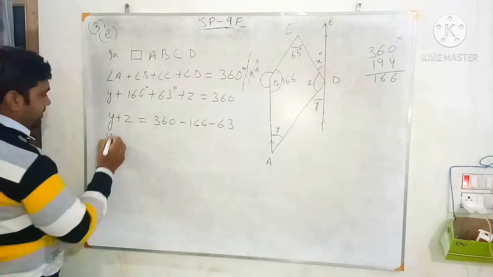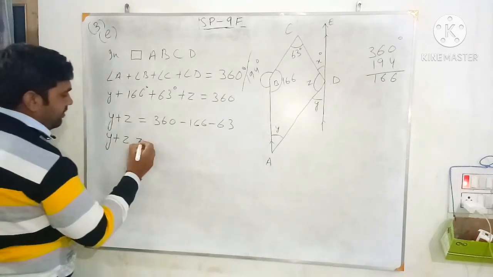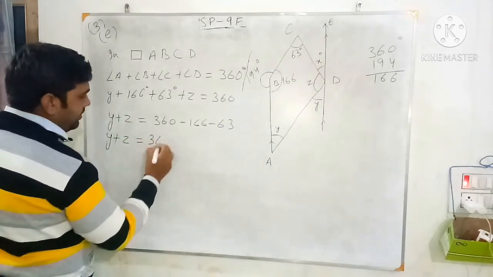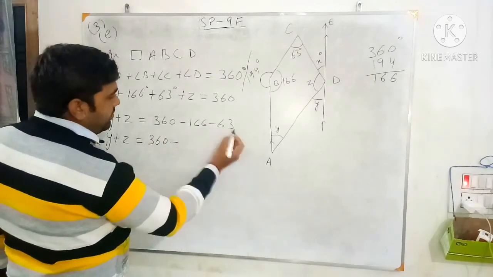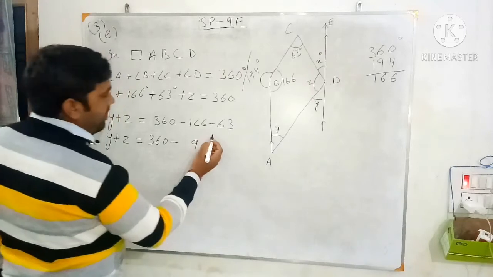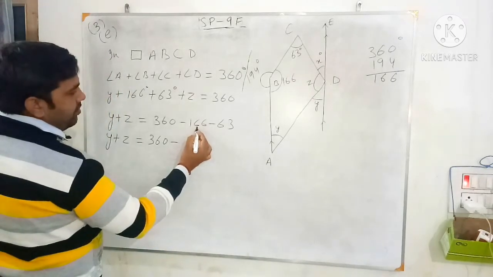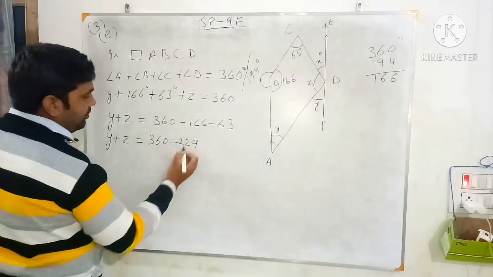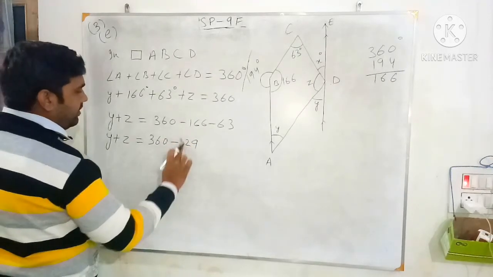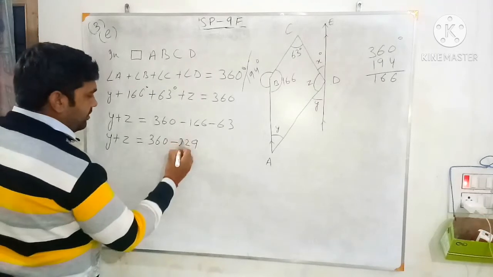y plus z is equals to 360 minus 229. 166 plus 63: 6 plus 3 is 9, 6 plus 6 is 12, 2 carry 1, 1 plus 1 is 2. That is 229.